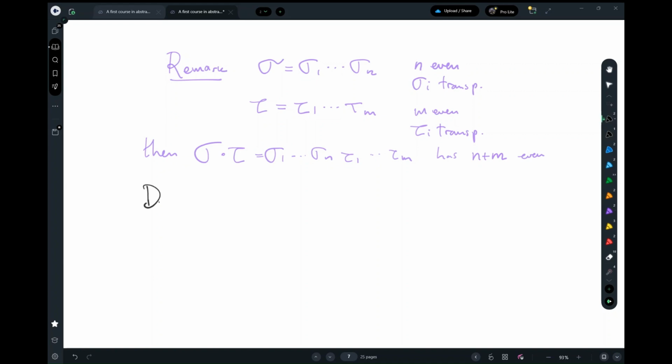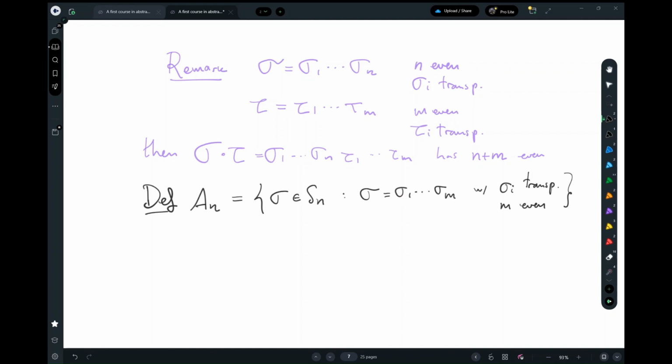So that tells me that I can define An, a subset of Sn, to be the sigmas in Sn such that sigma can be written as a product of an even number of transpositions, with m even. This is what we call the alternating group.